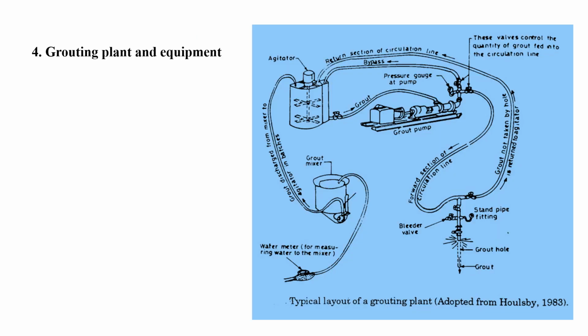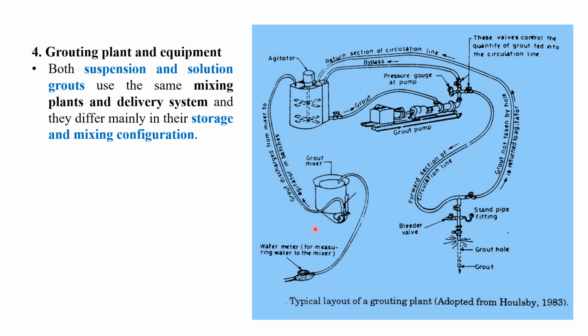Next, the fourth one is called grouting plant and equipment. You can see this figure, the grouting plant. Here the water supply is there, with a water meter for measuring water to the mixture.